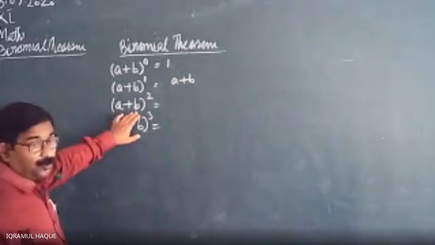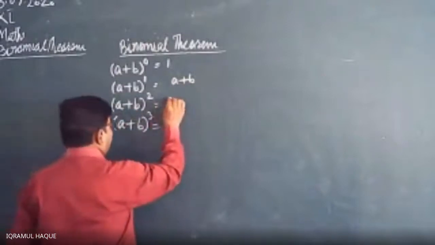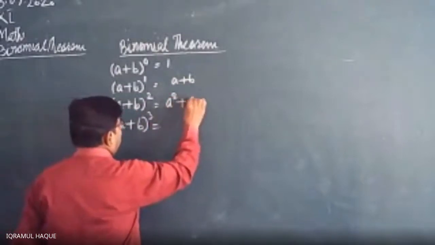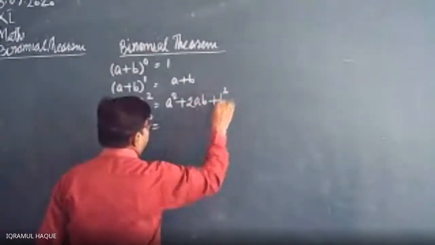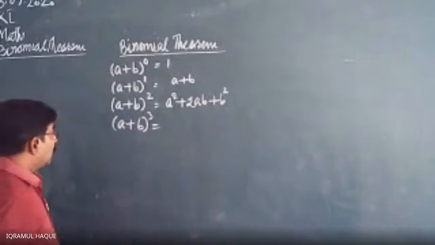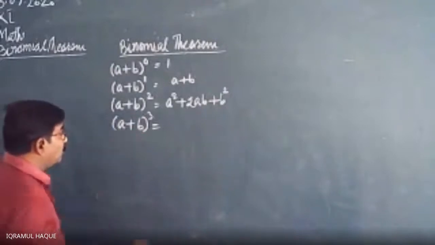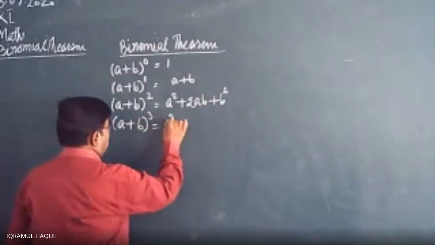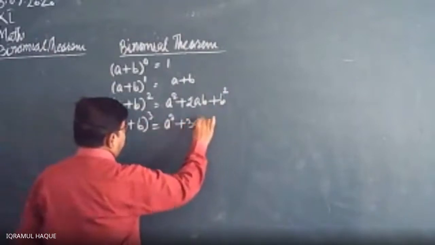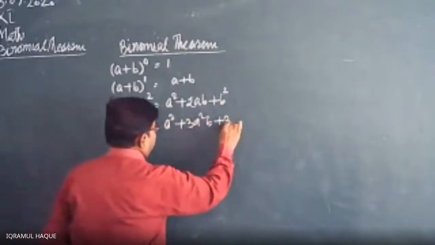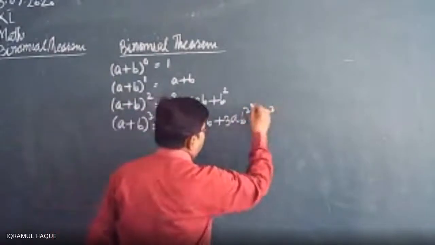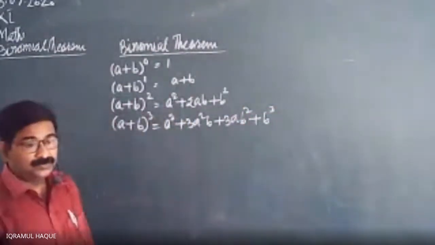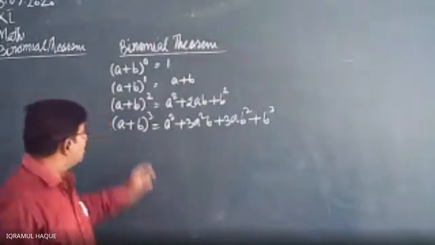A plus b whole square means we can write a square plus 2ab plus b square. Third one, a plus b whole cube. This is a cube plus 3a square b plus 3ab square plus b cube, and so on. So observe this pattern.